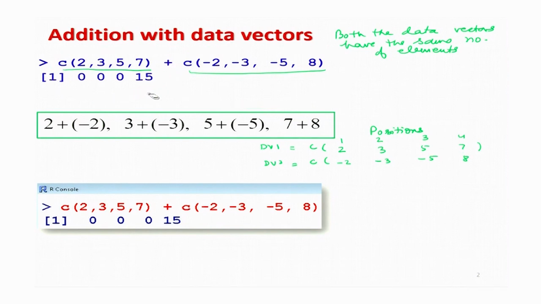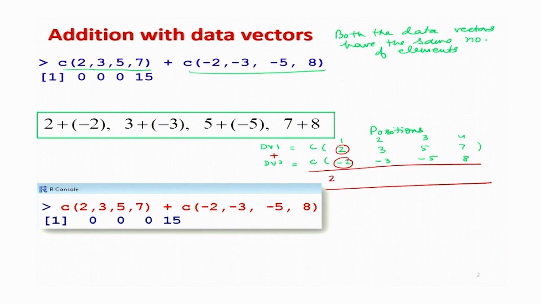Now you are trying to make an addition. What will happen is the following: the value at the first position in data vector 1 is added to the value at the first position in data vector 2.